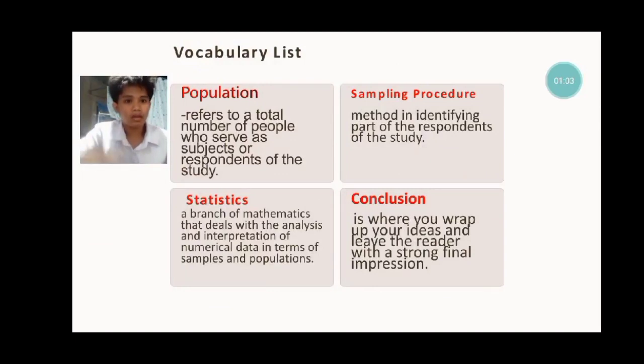Vocabulary list. The first one is population. Population refers to the total number of people who serve as a subject or respondents of a study.